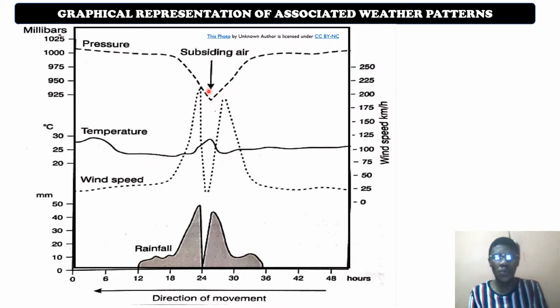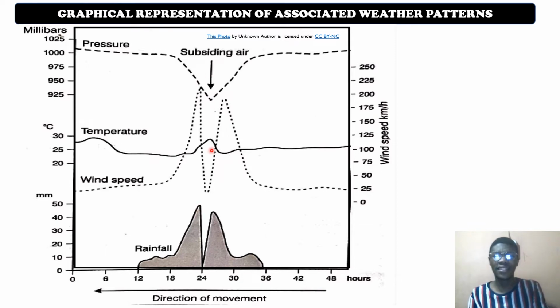And if you look at your wind speed, as this pressure subsides rapidly downwards, we have our wind speed shooting up to the highest point. And when you look at your rainfall, you have the highest rainfall going up to 45 or 50 millimeters. So that's what happens.